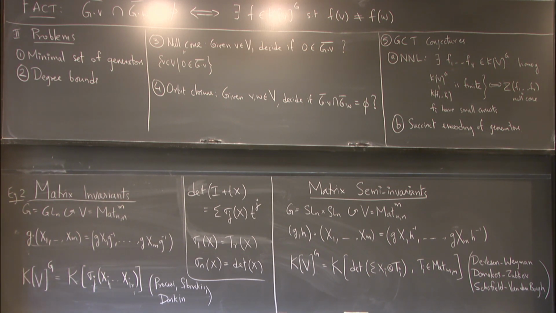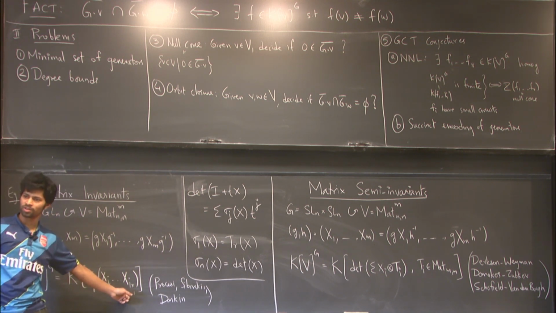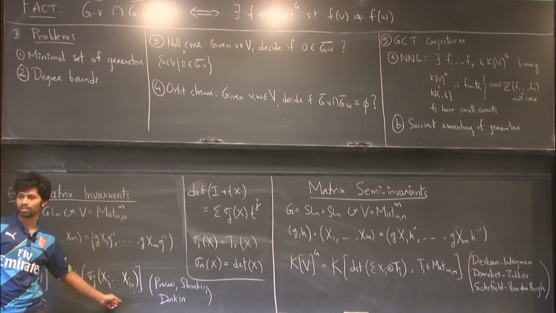Why is this infinite generators? Don't you have finite size matrices? Yes, I'm taking the limit as n goes to infinity. No, but how large can a monomial be? Can you tell me a priori how big a monomial I should stop at? I see.